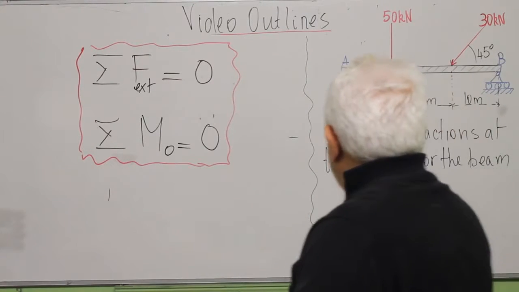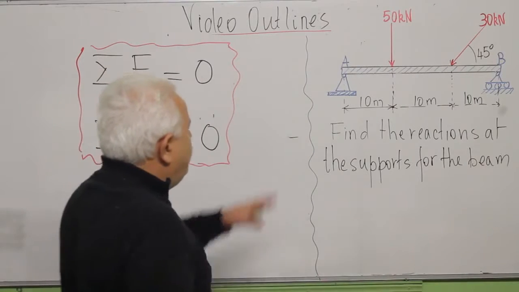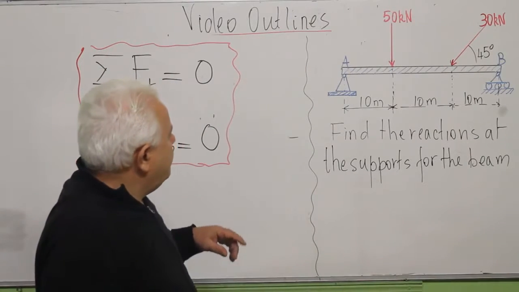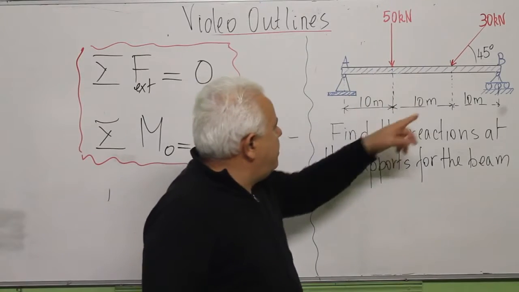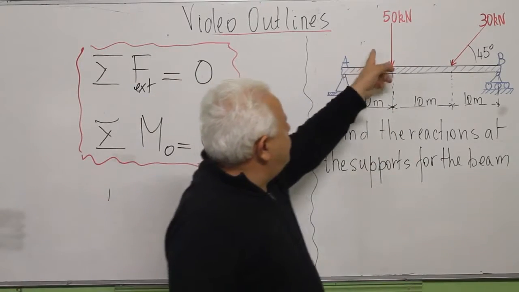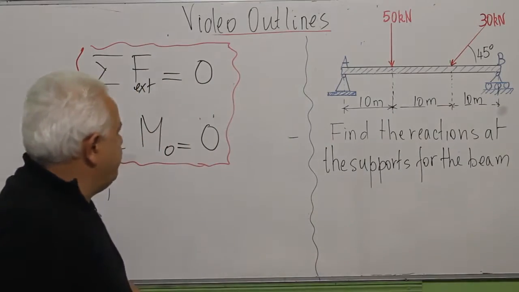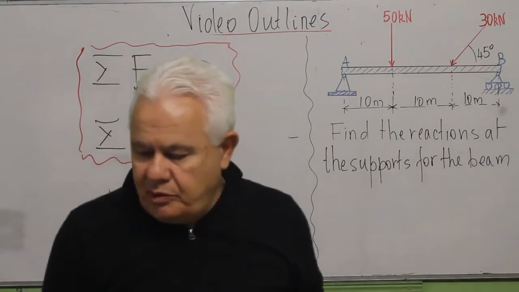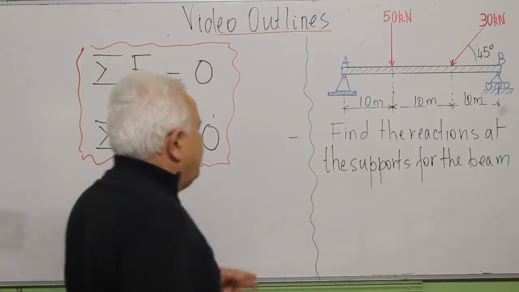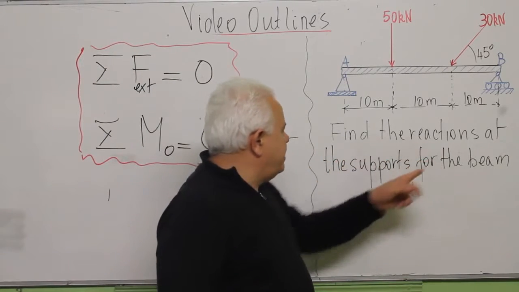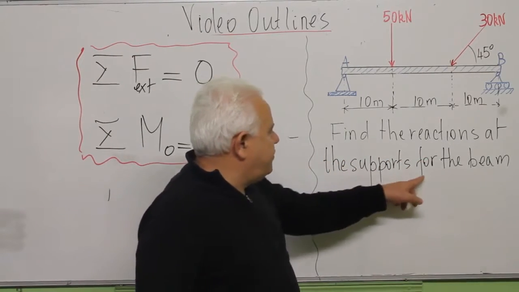Here I've got on the board an example on which we have a beam on which two forces are applied. Now, what we want to do, the question is to find the reactions at the supports for the beam.